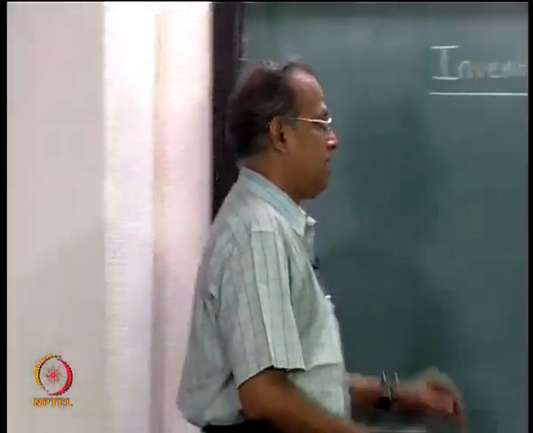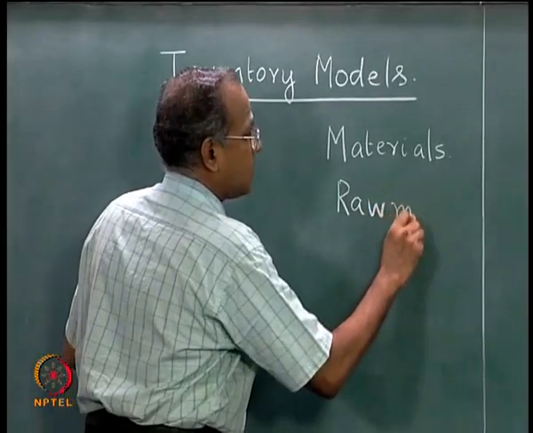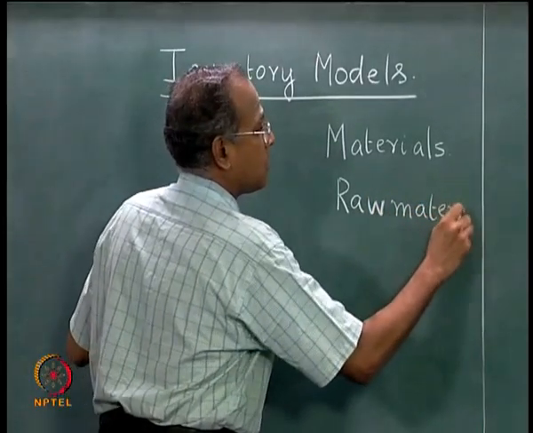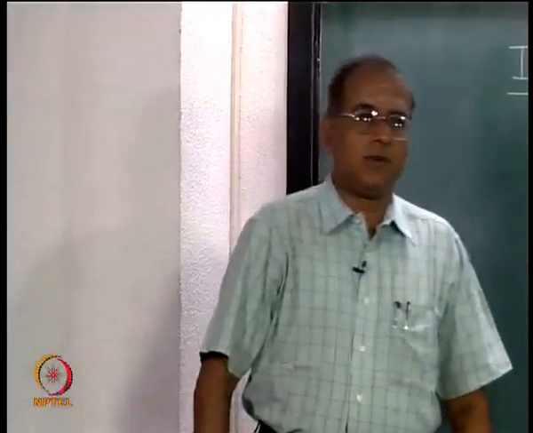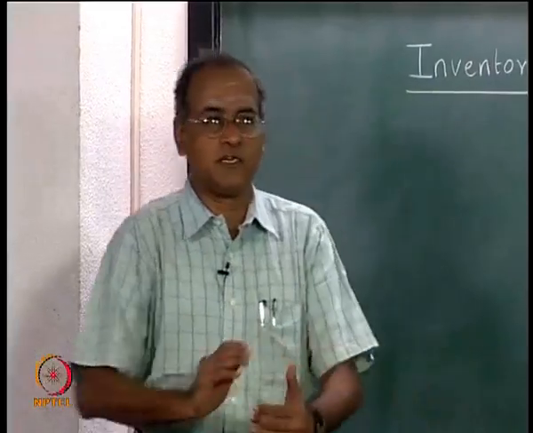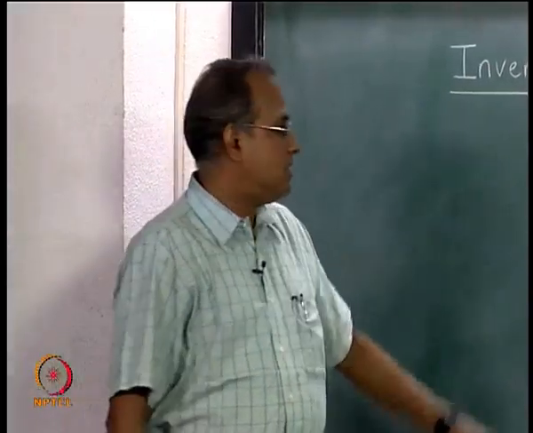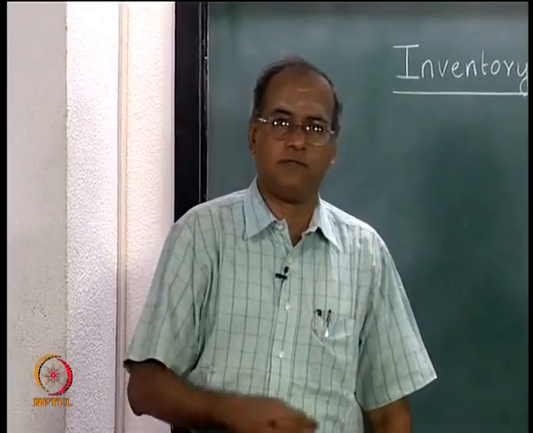In every manufacturing organization or manufacturing situation, we buy material, and these materials are usually bought as raw material. Sometimes these raw materials undergo manufacturing and become semi-finished or finished products. Some of the bought out items go directly into the assembly of the product.